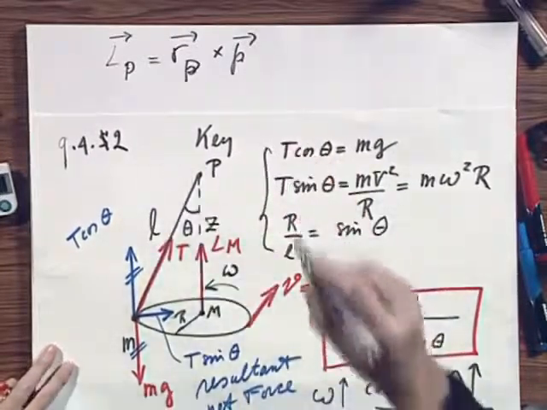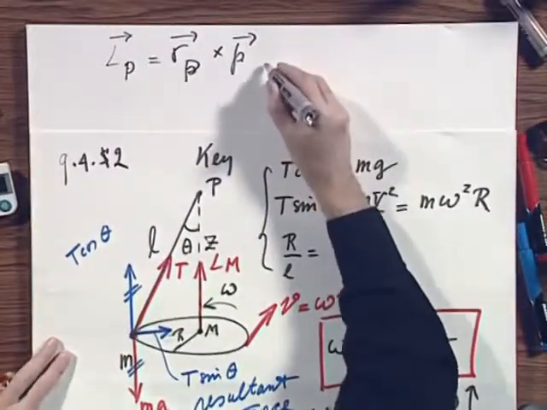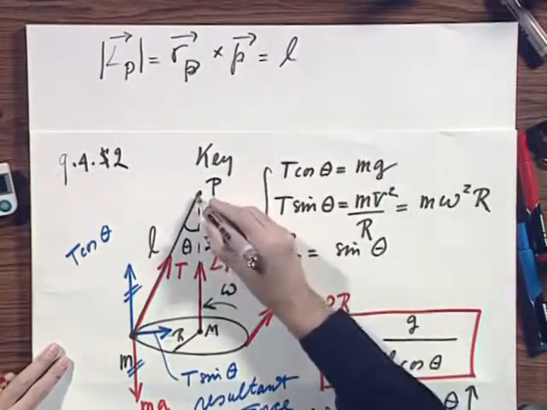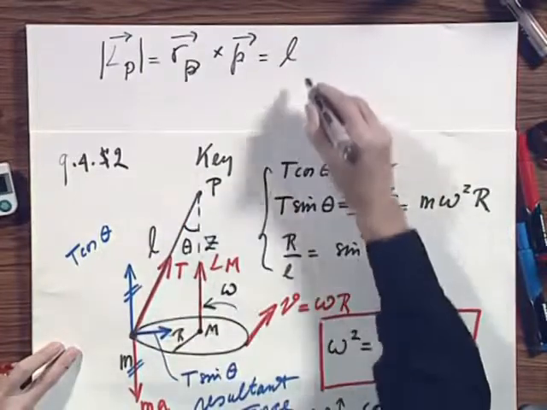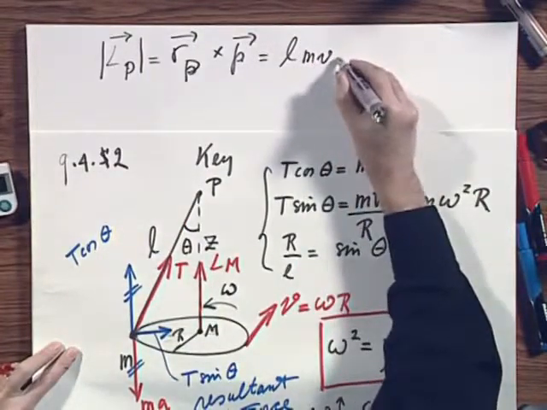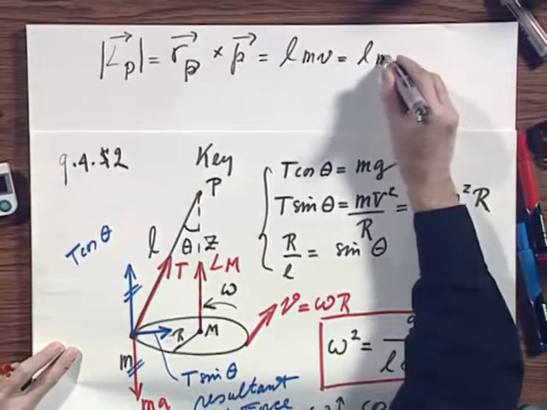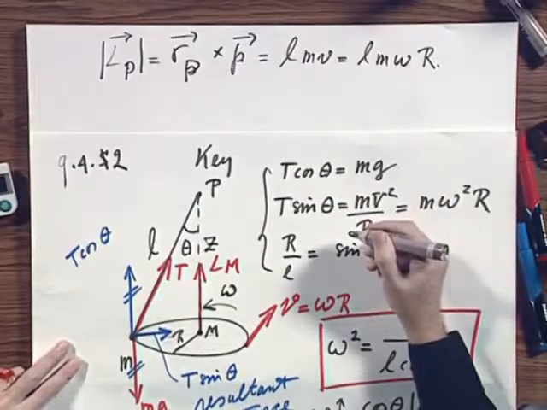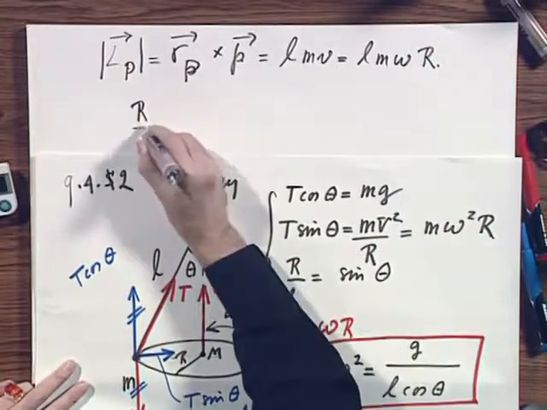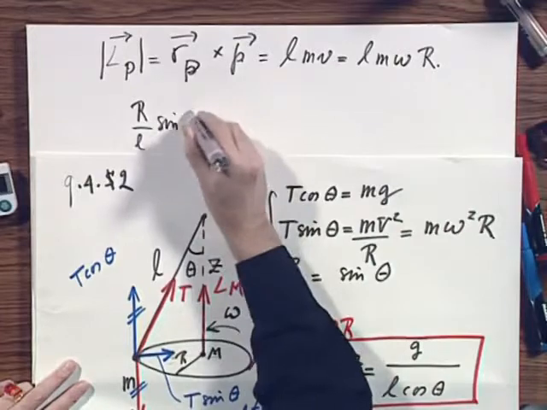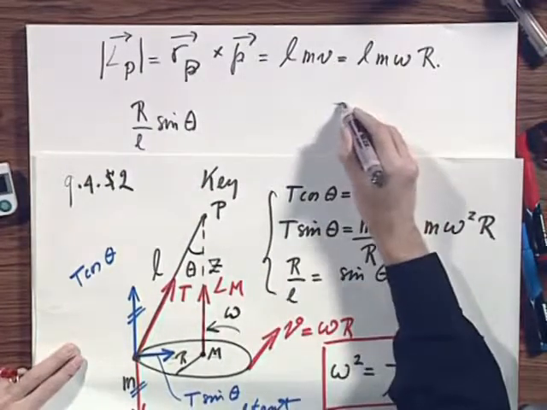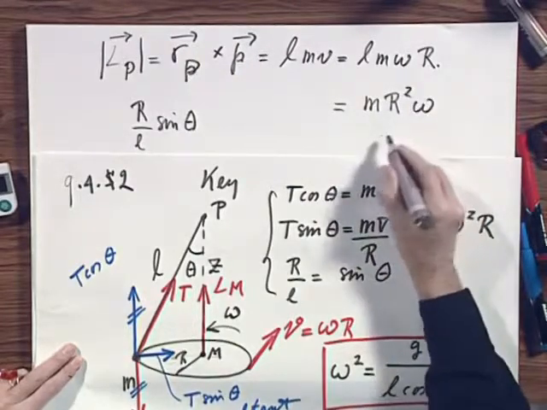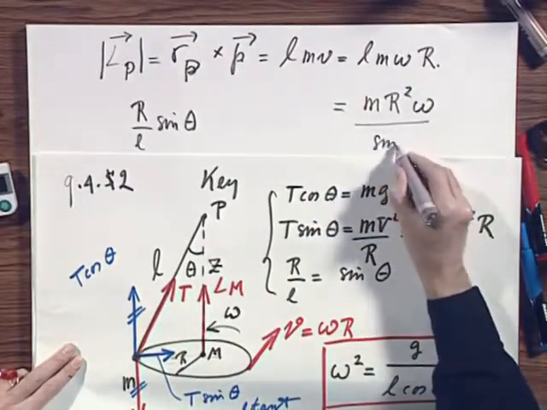And it's immediately obvious that the magnitude equals L, which is now this thing, times mv, which is L times m times omega times R. And since I also know that R divided by L equals the sine of theta, I can eliminate the L and I can find that it is m R squared omega divided by the sine of theta.